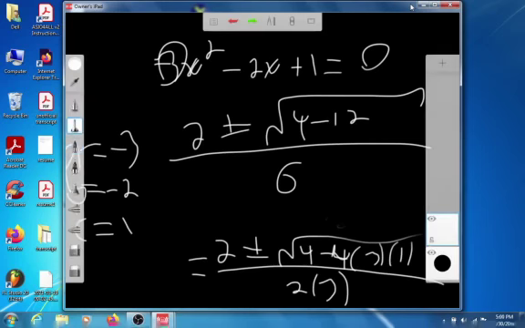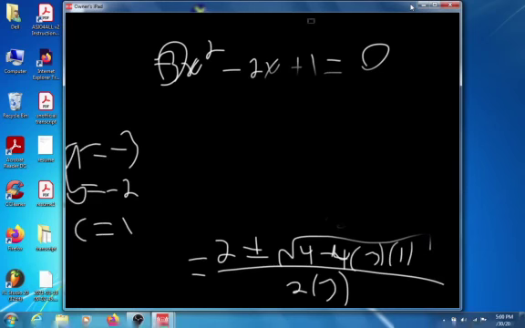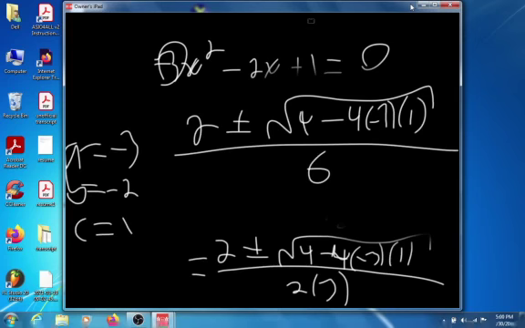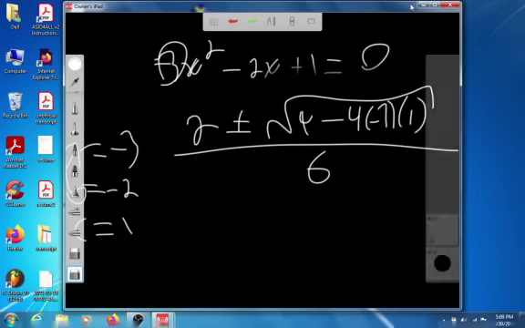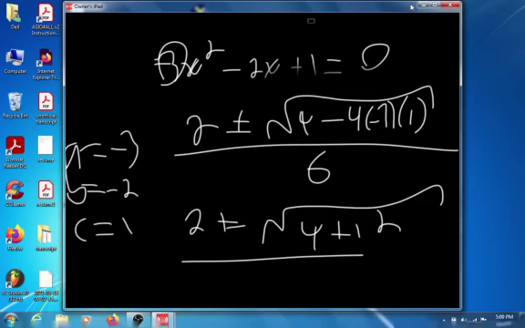So, let me erase this. This is negative 3, so we get 2 plus or minus the square root of 4 minus 4 times negative 3 times 1, all over 6, which further simplifies to 2 plus or minus the square root of 4 plus 12 over 6, since 4 times 3 is 12.